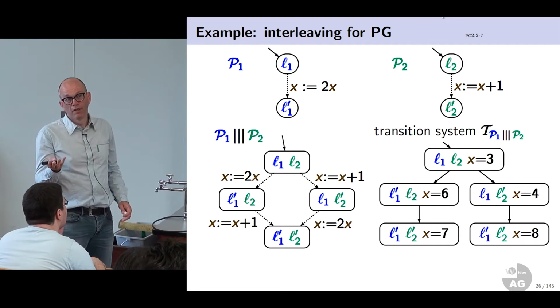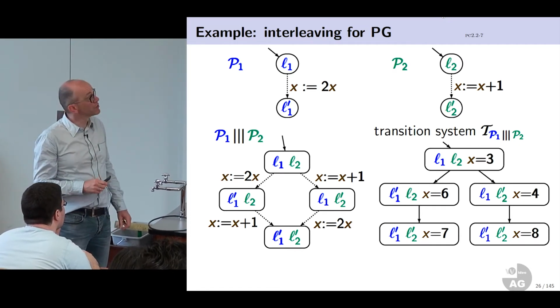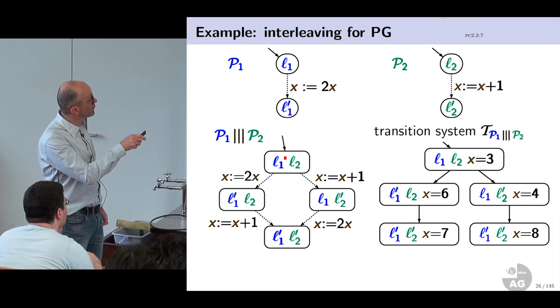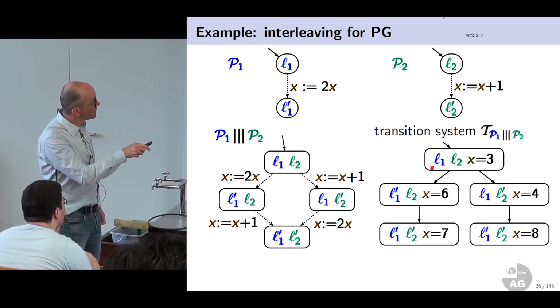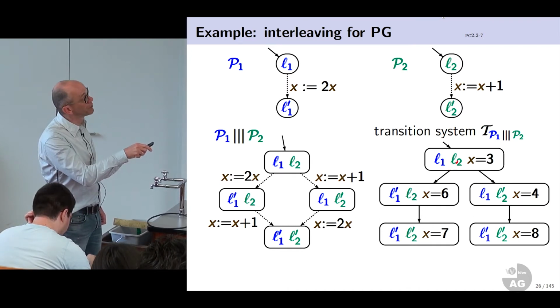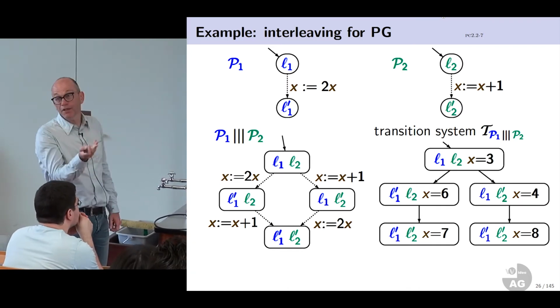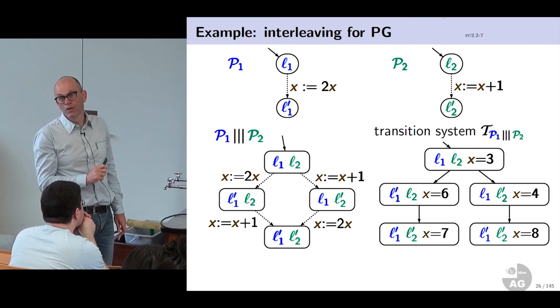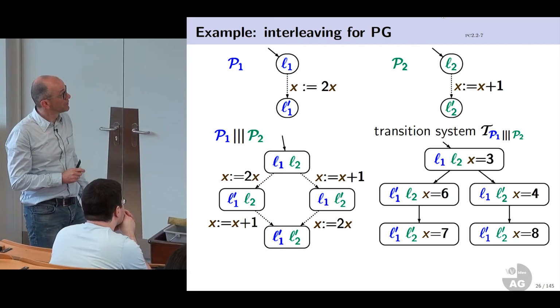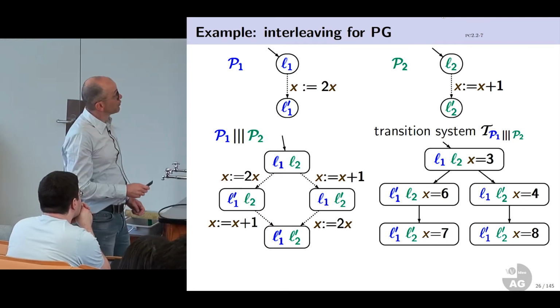Now remember, the states in those transition systems were pairs of locations of this program graph. So these are these L1, L2, plus the variable valuation. And like in my previous example, I just assume, for the sake of example, that x equals 3 initially.